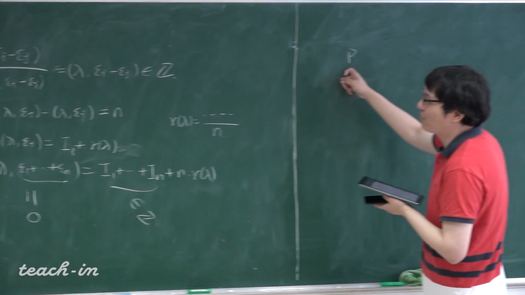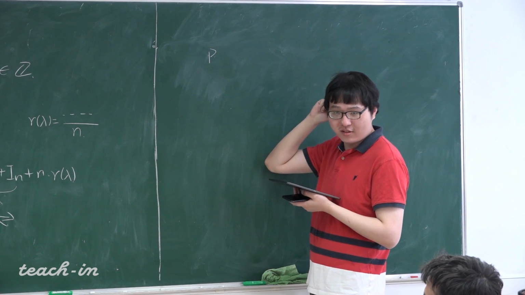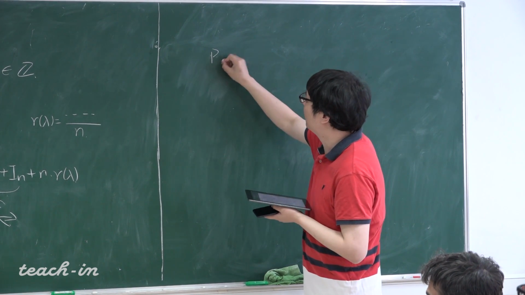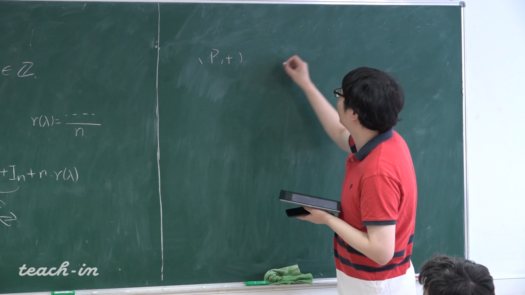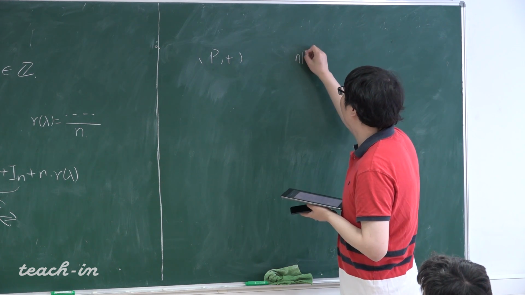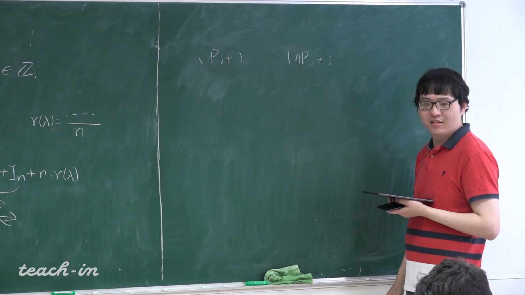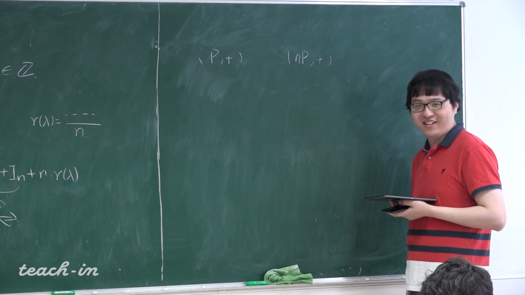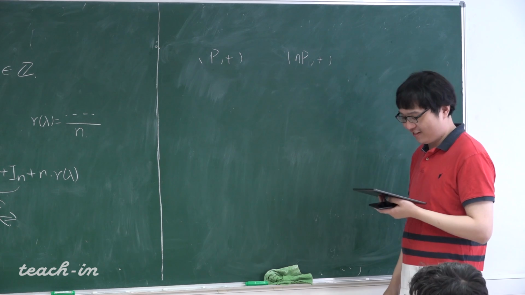Since P is a group, an abelian group, I will say that this is isomorphic to this. We just time n. Groups, yes.